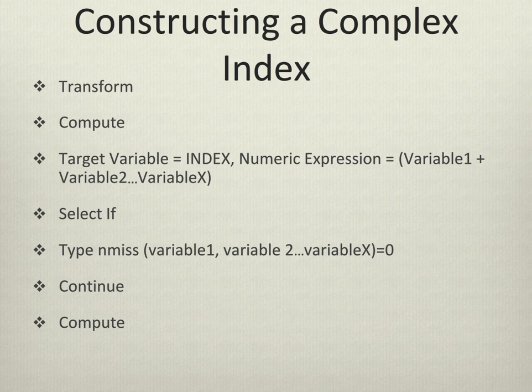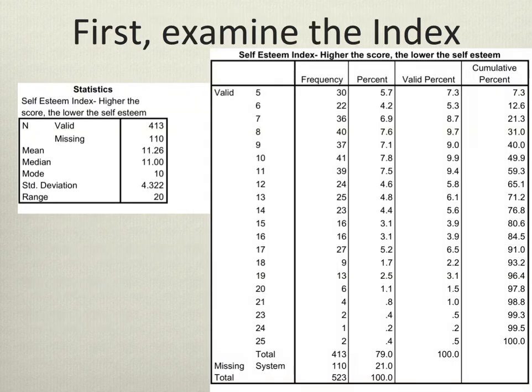In this case, I'm going to construct a complex index. I'm going to add each of the items in my scale, and the recoded items if necessary, together. The minimum possible score on my scale would represent the total number of items being combined. The maximum score on my scale would be that number multiplied by the number of data points for each item. So let's take a look at my self-esteem index.